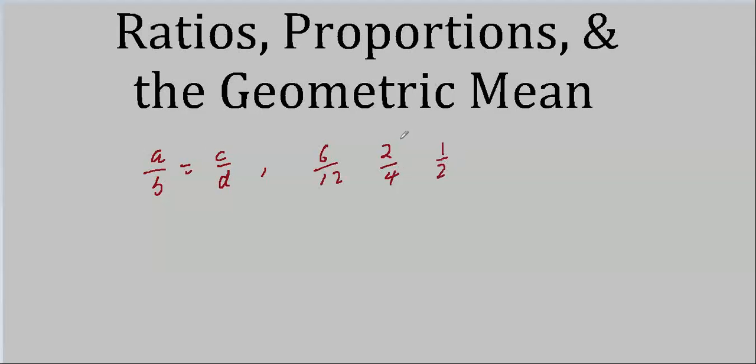Ratios, much like fractions, usually are written in the lowest form. In other words, the reduced form. This is usually the preferred way to write the ratio. Just like with fractions, you tend to reduce them to their lowest form, their simplest form. Or put another way, when it can't be reduced anymore, it's reduced to its simplest form.